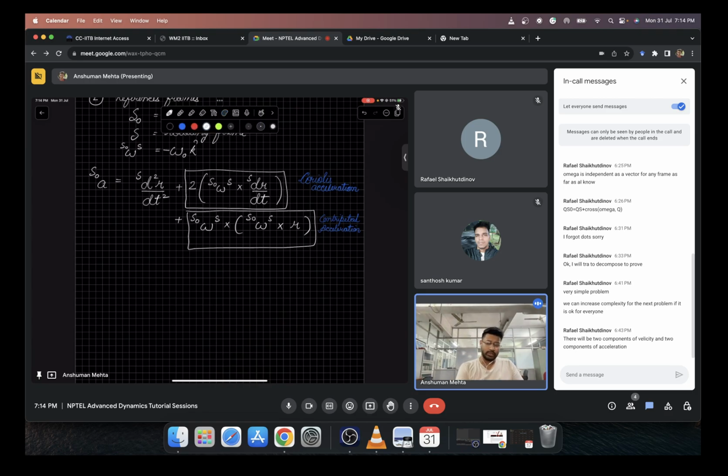We know that with respect to the moving frame, the ant is moving with constant velocity, so this becomes 0. Now the solution directly comes as 2 omega naught v naught i cap minus omega naught r j cap.